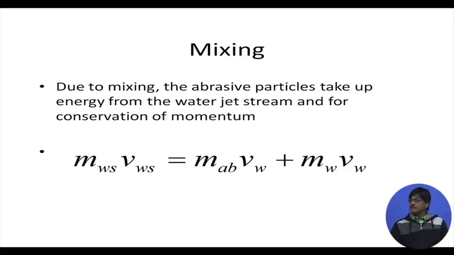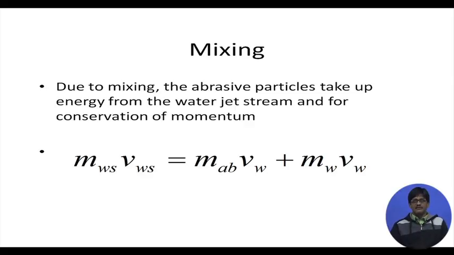Once it comes in with this particular momentum, it shares this momentum with the abrasives. So, when the abrasives are finally coming out, carried in the water stream at the same velocity, at the focusing tube, only some momentum transfer takes place.